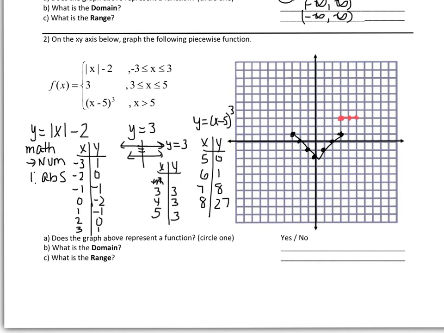But remember, when we graph 5, 0, it's all x values greater than 5, so this point will have to have an open circle. Alright, so let's graph 5, 0. 1, 2, 3, 4, 5. 1, 2, 1, 2, 3, 4, 5.